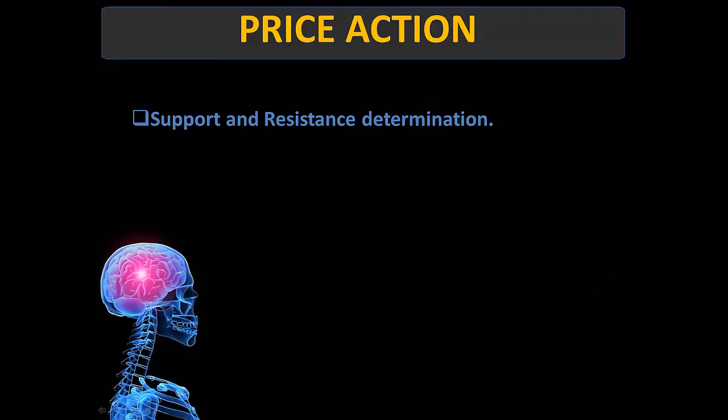Now, support and resistance is another part of the price action definition. If you look up indicators for support and resistance, you see very many indicators have horizontal lines across them like this, which represent support and resistance areas on the chart.